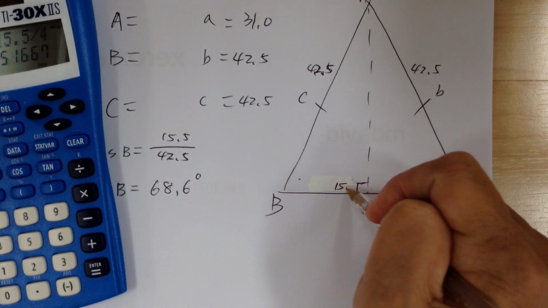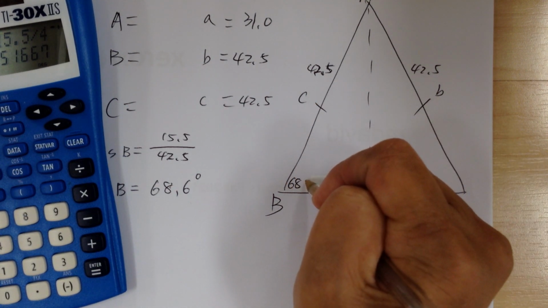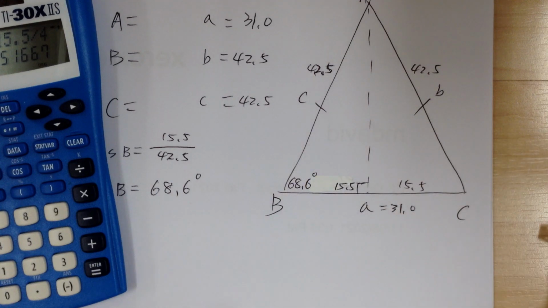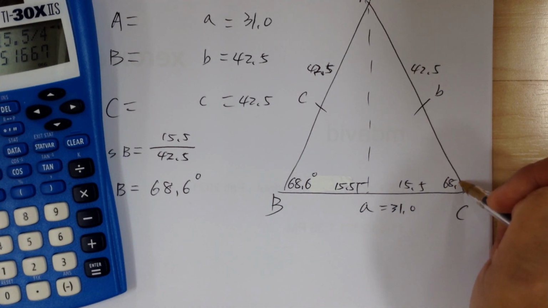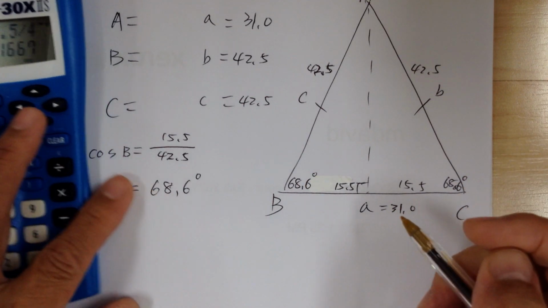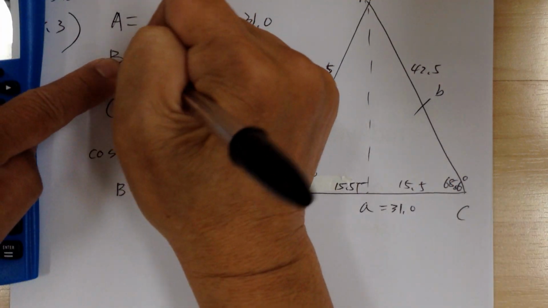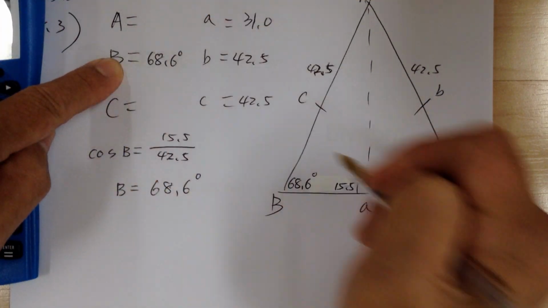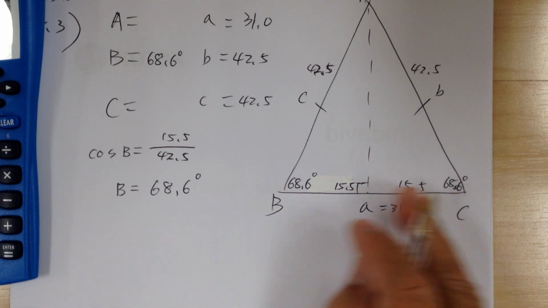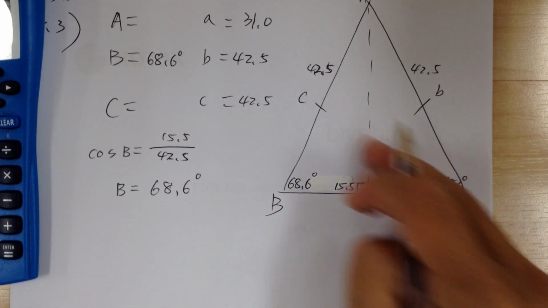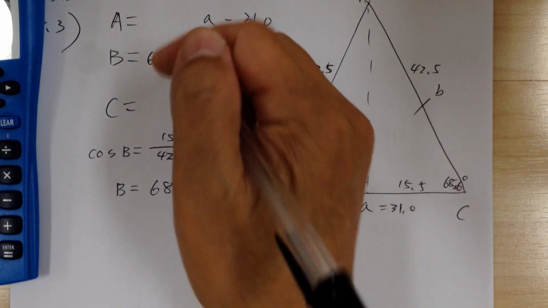So this would be 15.5, and this would be 68.6 degrees. Angle B is 68.6 degrees, and because it's an isosceles triangle, B and C are facing the same length, so they should have the same angle.